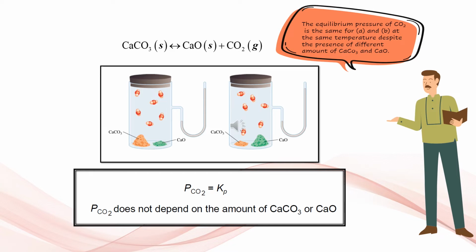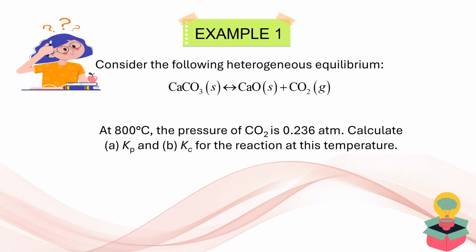From the experiment, we can conclude that the equilibrium pressure of carbon dioxide is the same at the same temperature despite the presence of different amounts of calcium carbonate and calcium oxide. So the partial pressure of carbon dioxide does not depend on the amount of calcium carbonate or calcium oxide. Now, let's try some examples.